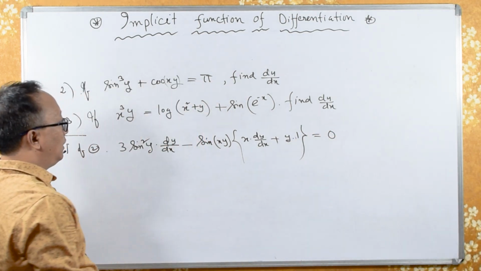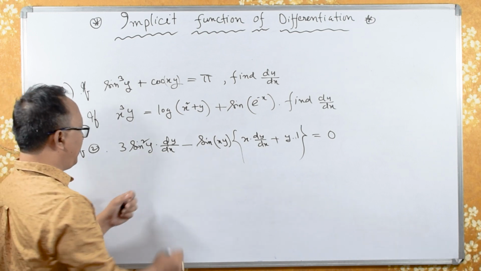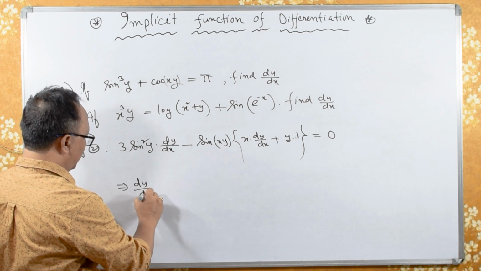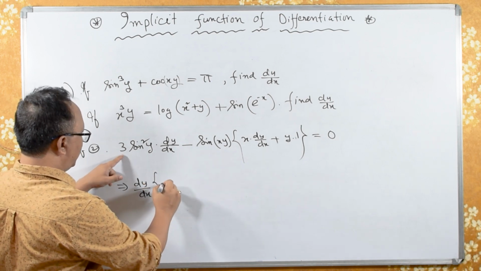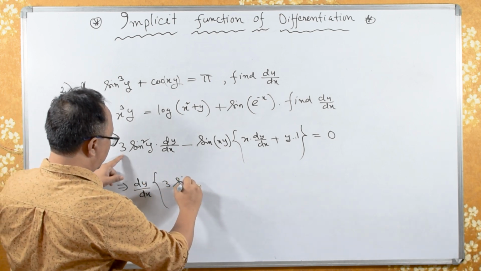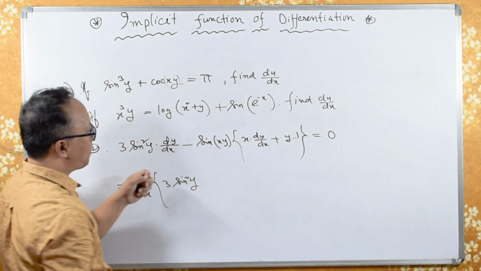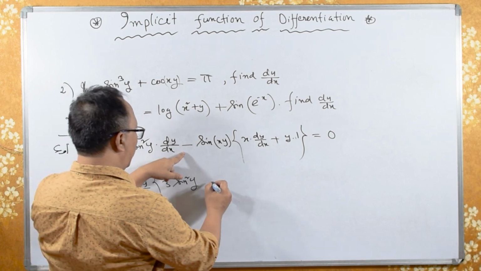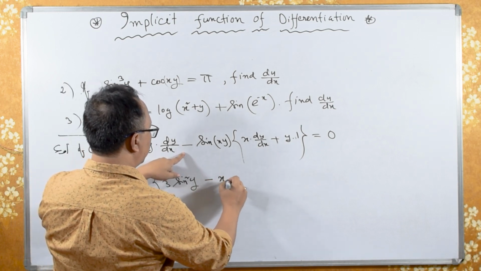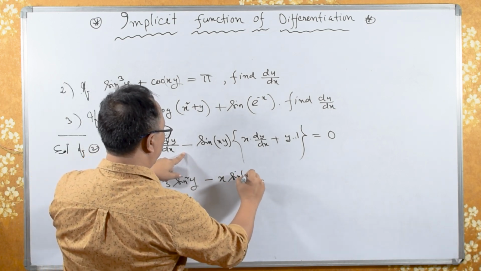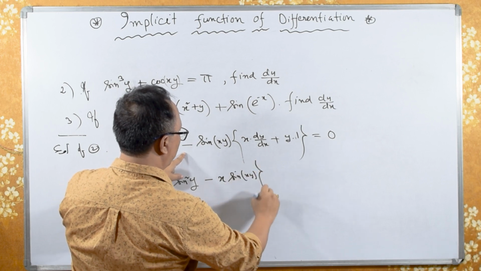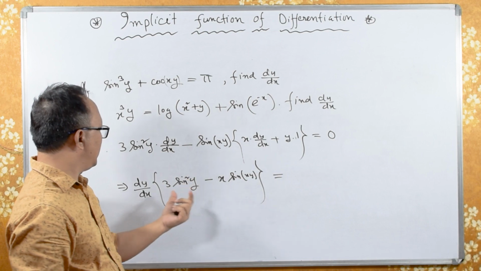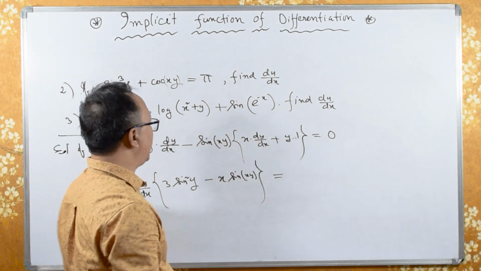0. Now collect those terms which have dy by dx. Here dy by dx common, I am taking common, and what we have is here 3 sin square y, another we have over here, minus x sin of xy, is equals to those terms which don't have dy by dx. Let's bring them to the other side, right hand side.